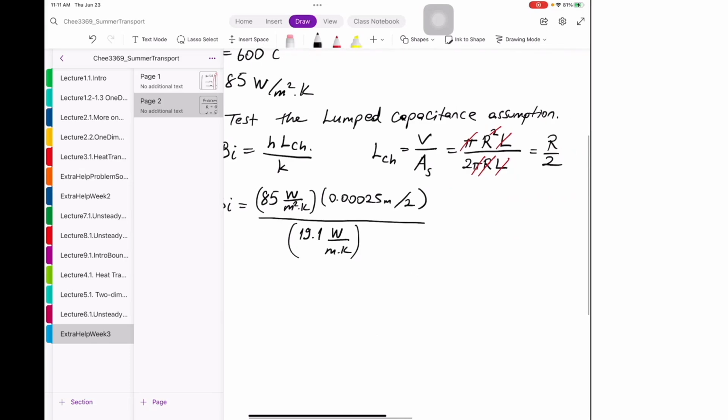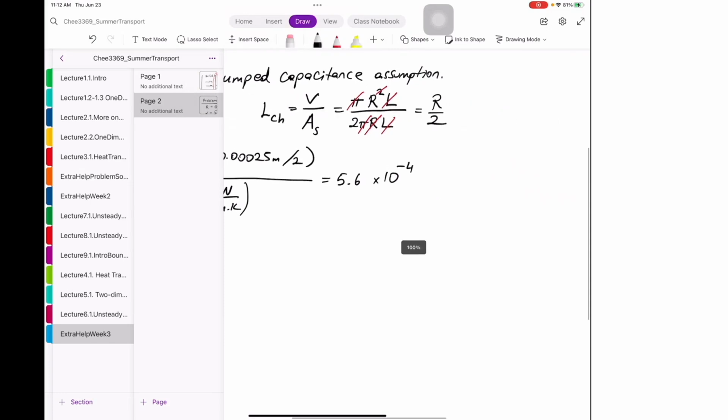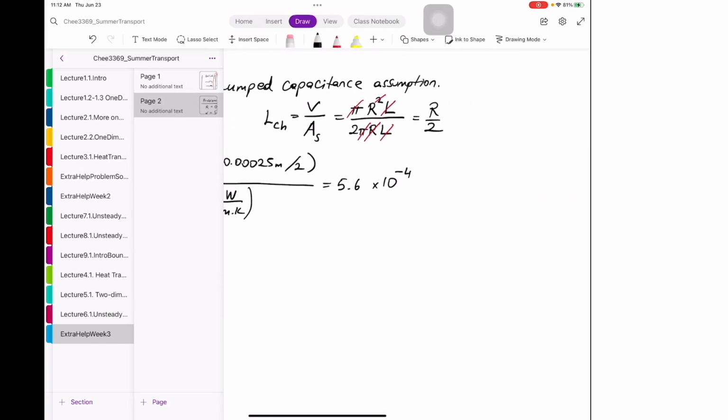All the units cancel nicely, and the Biot number comes out to be unitless, as we know. And you should get something like 5.56 times 10 to minus 4. I'm working with two significant figures, so let me make this two significant figures. Okay, good. And it is smaller than 0.1, which means that it's much, much less than 1.